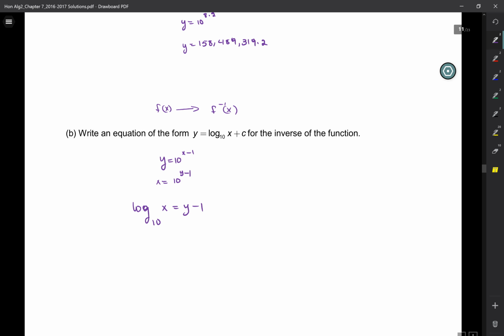And now can I solve this for y? Log base 10 of x plus 1 is equal to y. So this is f inverse of x, or initially it was not f, but y. So y inverse of x is equal to log base 10 of x plus 1, okay?